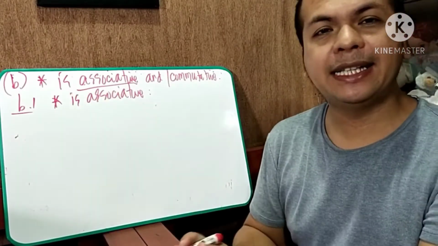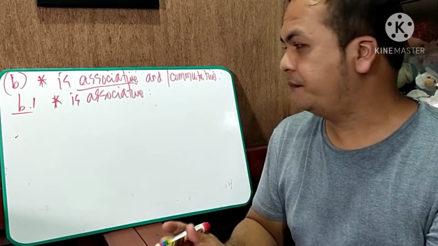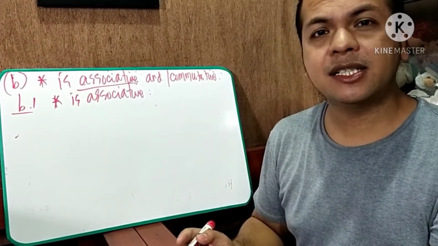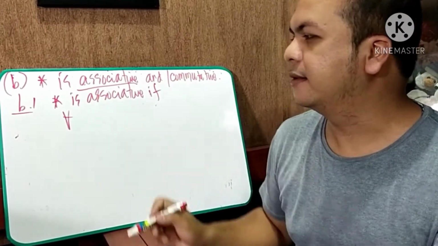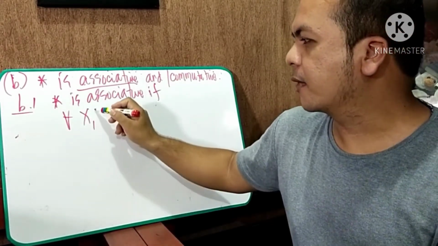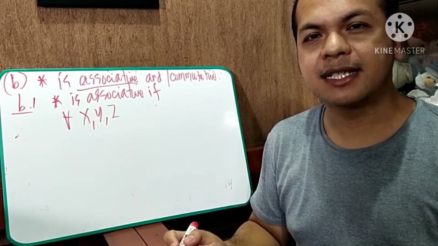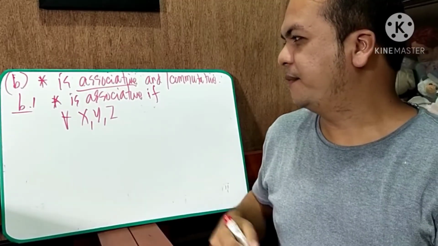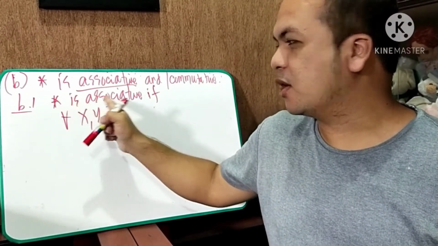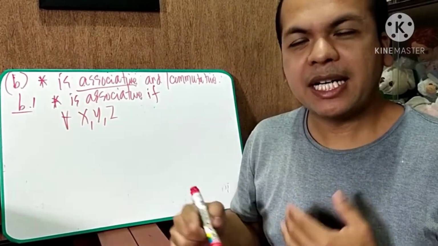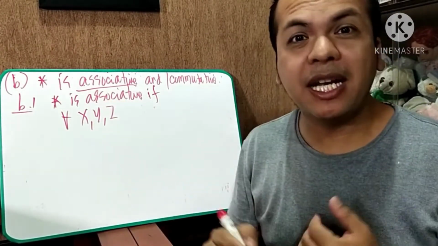So, alam naman natin, based dun sa definition ng associativity, star is associative if for all x, y, so we need another set, say z.